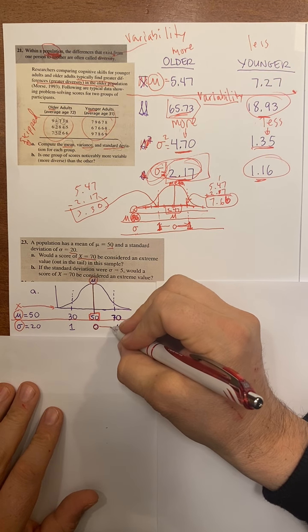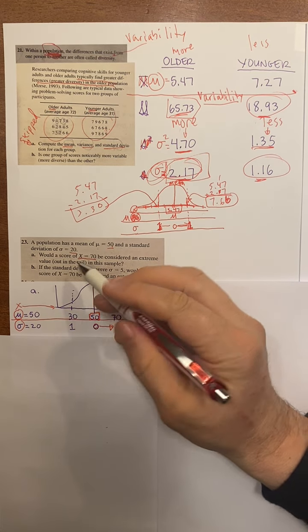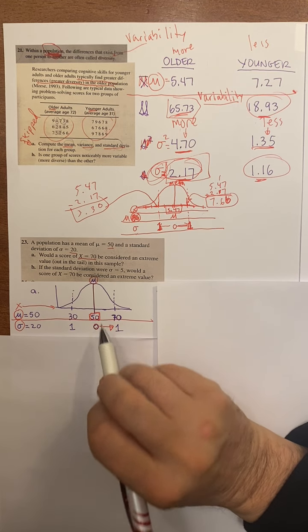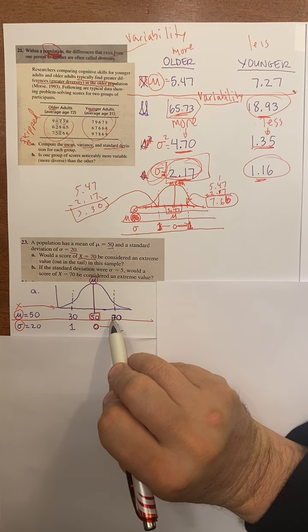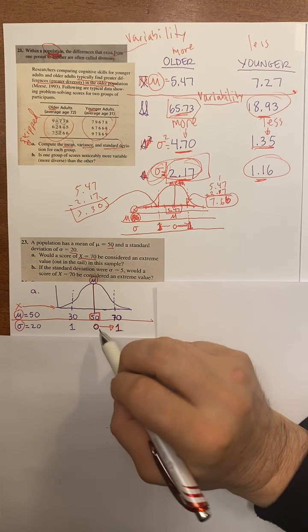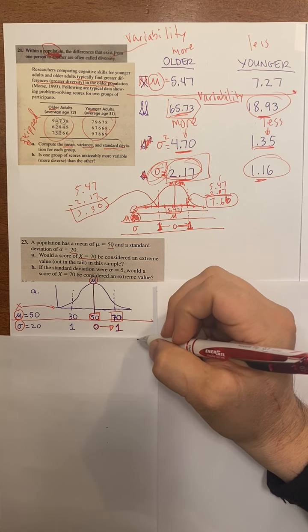We move out 1 standard deviation unit away from the 50. In this case, it's 20. So we're going to move out 20 spaces and say that's where our 1 standard deviation unit is. What is 20 spaces away from 50? That's 70.